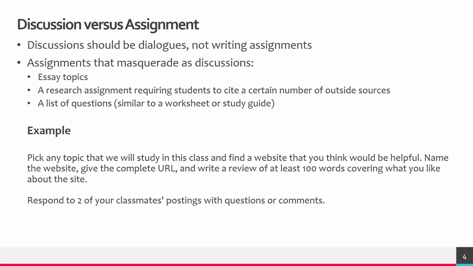So those can look like an essay topic. A lot of times we see research requirements in a discussion board. If a prompt is requiring research, that's a pretty sure sign that it should actually be an assignment instead of a discussion. And then we also see a lot of times just a list of questions for students to answer and then submit for other students to see, which again, doesn't really generate a conversation.